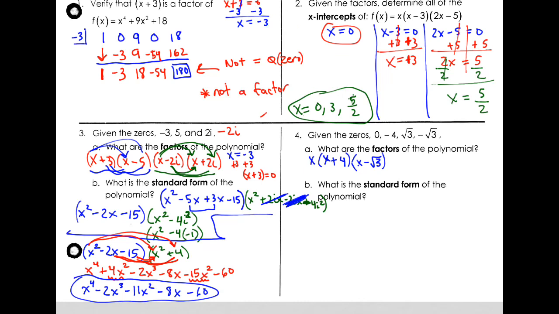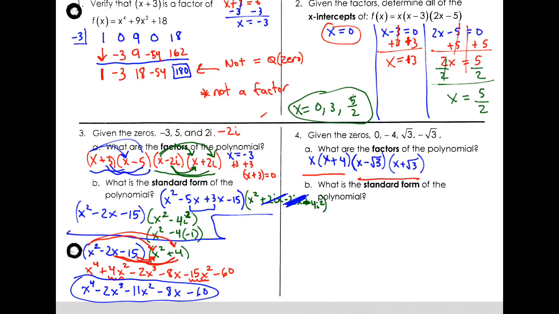Then you have a negative radical 3, so that's an x plus radical 3, and those are our factors. Now, just like I said a second ago, when you're dealing with radicals and imaginary numbers, you're going to multiply those together. Remember, we're multiplying this all the way out to get a standard form polynomial. So let's go ahead and do that.